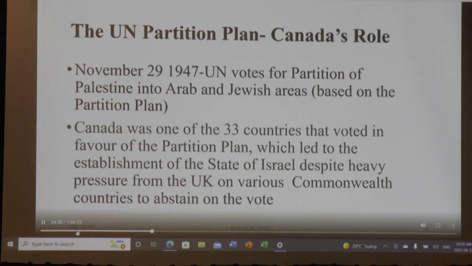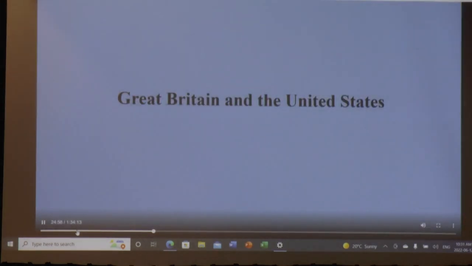Now, there were votes that were taken, and some of you may have seen the movie Exodus, and you would have seen the vote for the partition of Palestine. Canada was one of the 33 countries that voted in favor of the partition plan, even though the United Kingdom was pressuring various Commonwealth countries, including Canada, not to vote in favor of the partition plan.